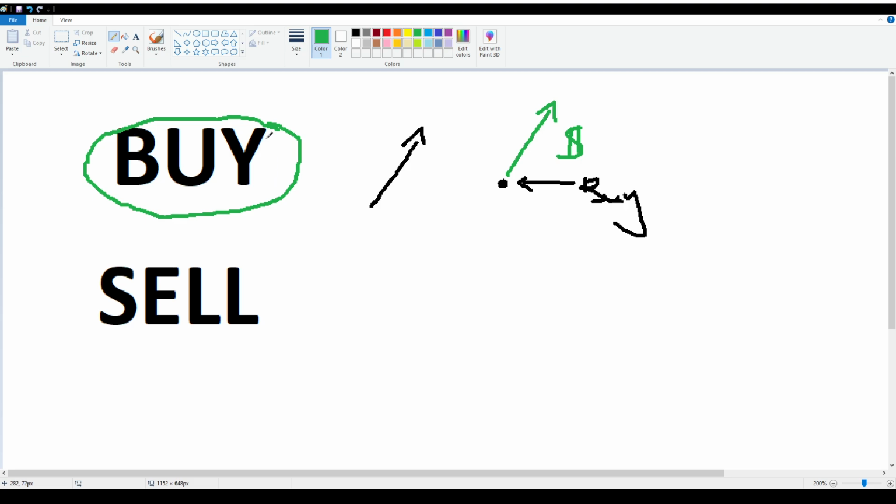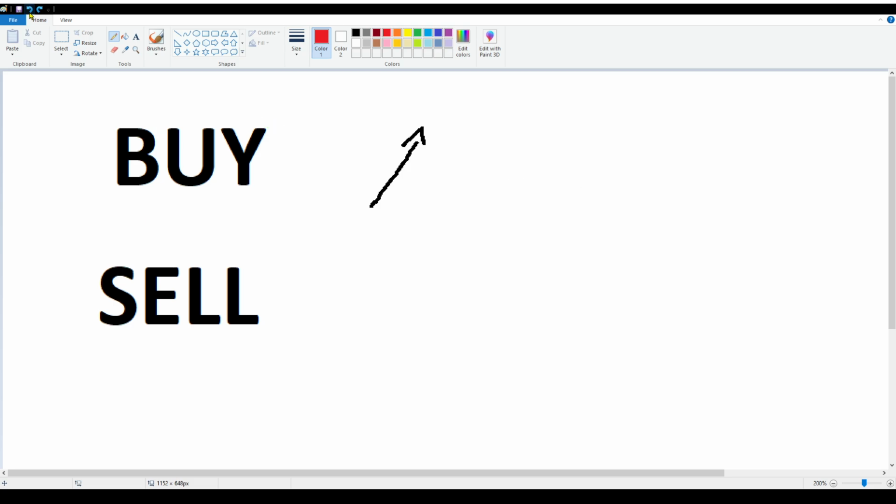So you buy when you think the market is going to go up, and if it indeed goes up, you're going to start making money. But if it goes down, you're going to start losing money, and we don't want that. That's why you need to have a trading strategy in place. So you buy when you think the market's going up.